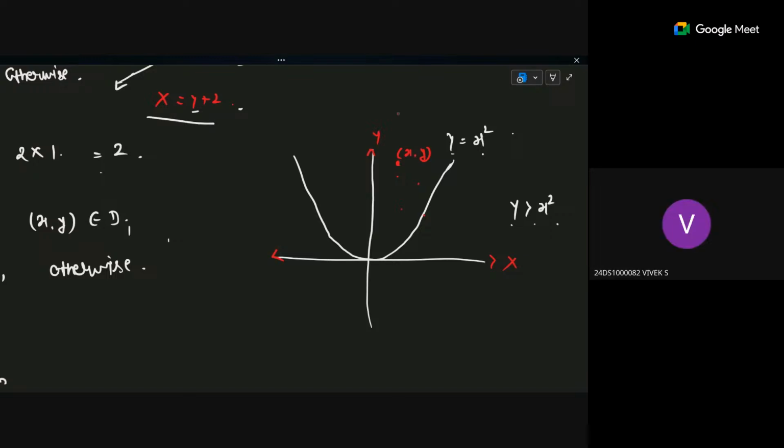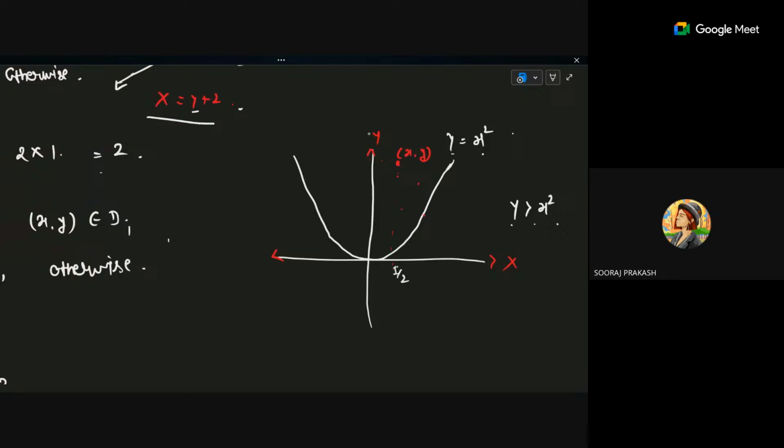Y will be greater, right? By observing like this. So x is around 1, or 1 by 2, let's say. We can simply say that for x equal to 1, we can take many values which are greater than or equal to 1.